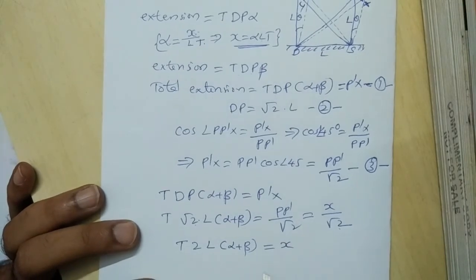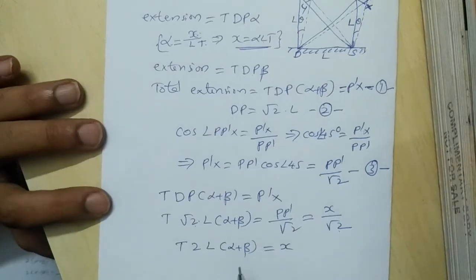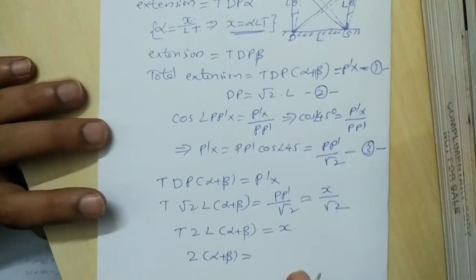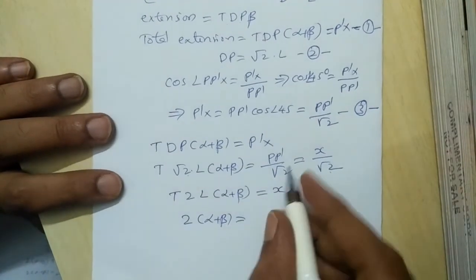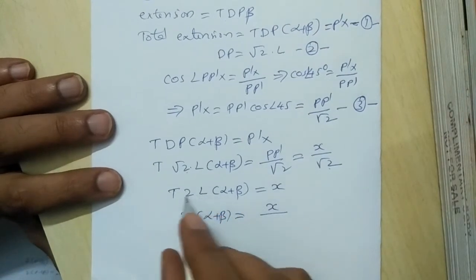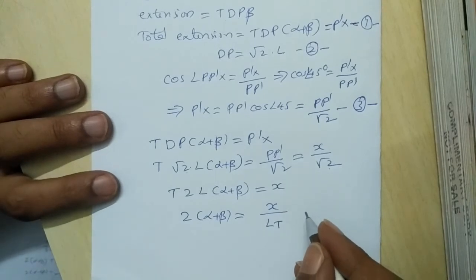So now we'll simplify this relation. That is 2 into alpha plus beta is equal to x divided by L into t. Okay, x by L into t.